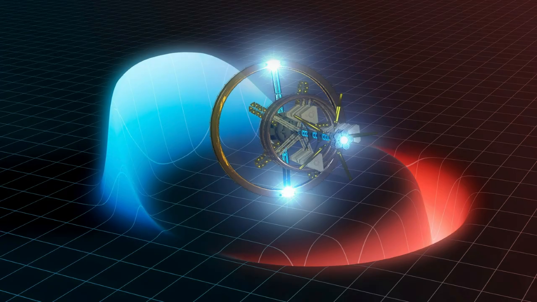There are many uses for this as well. As you can probably imagine, if you're trying to travel to, let's say, the nearest habitable solar system, Alpha Centauri, that solar system is 4.3 light years away.